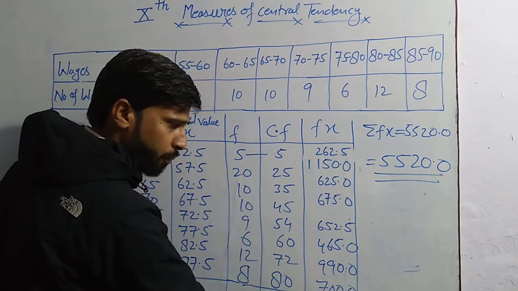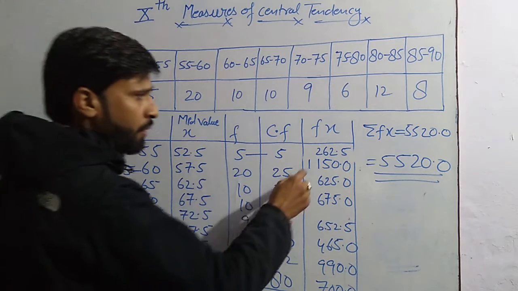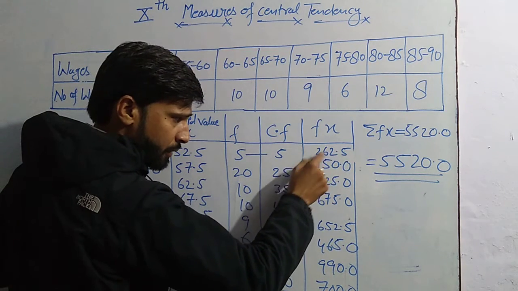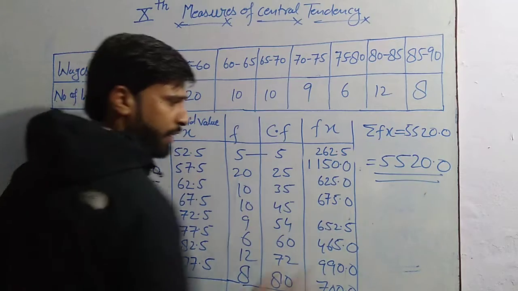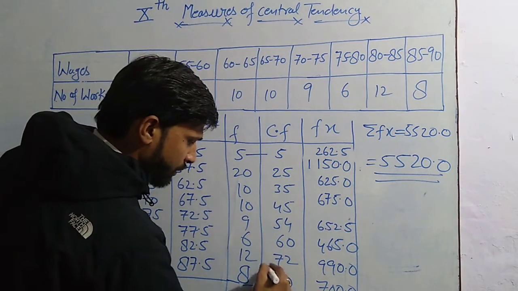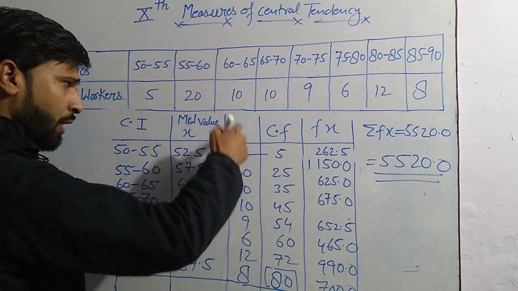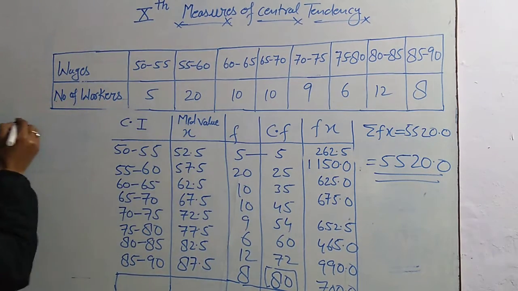This is the summation of sigma fx, the sum of all observations of fx. Now the sum of all observations is 5,520, and the cumulative frequency's last score is 80, and the sum of all frequencies is represented by sigma f.